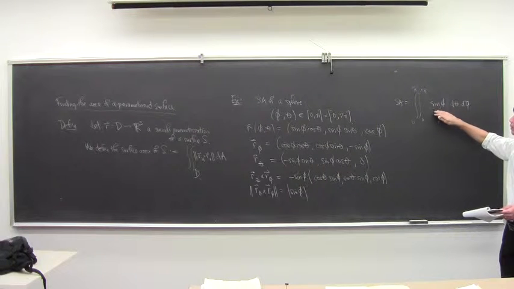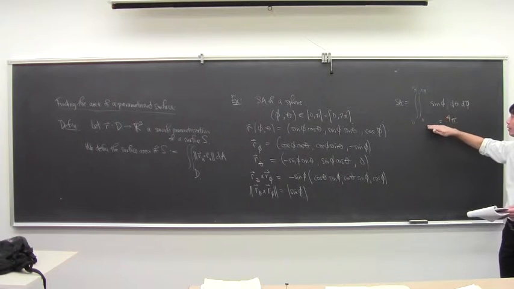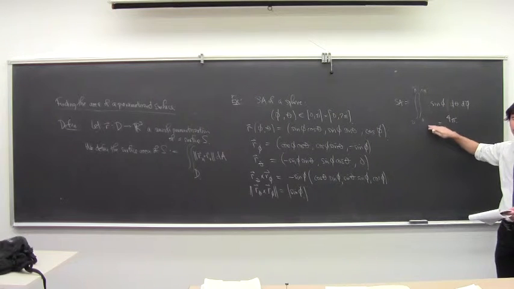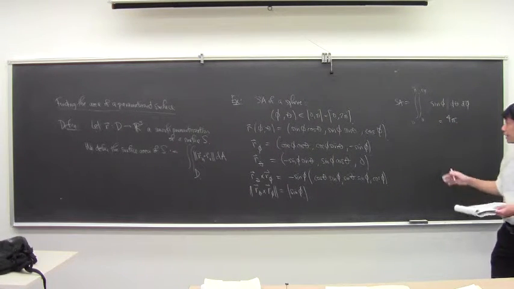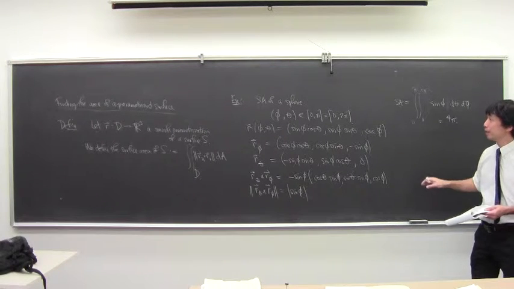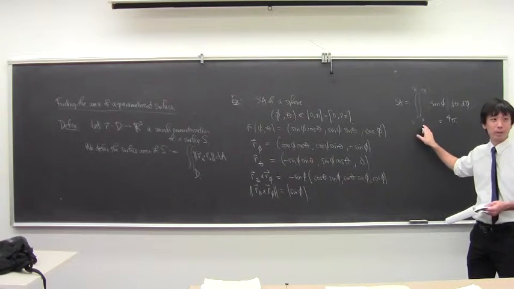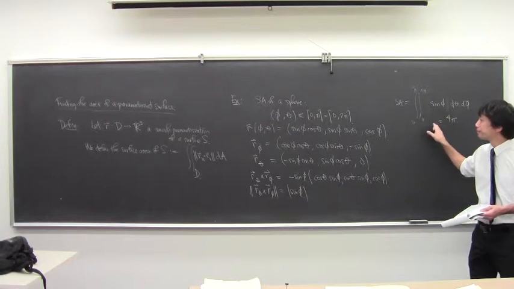Cosine phi from 0 to pi gives you 2, and then you have this 2 pi here, so you get 2 times 2 pi, that's 4 pi. Okay, so that's right. That actually is the surface area of a sphere with radius 1.